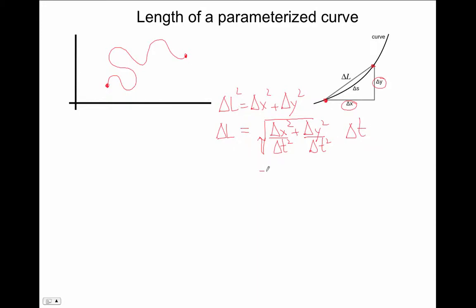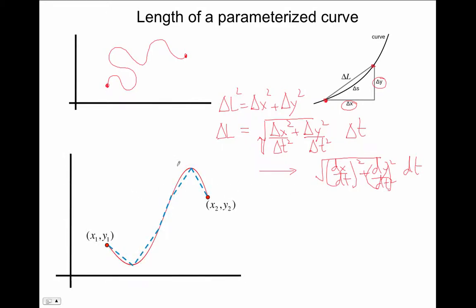So as delta t becomes smaller and smaller, this will go over into the square root of dx by dt squared plus dy by dt squared, times dt.